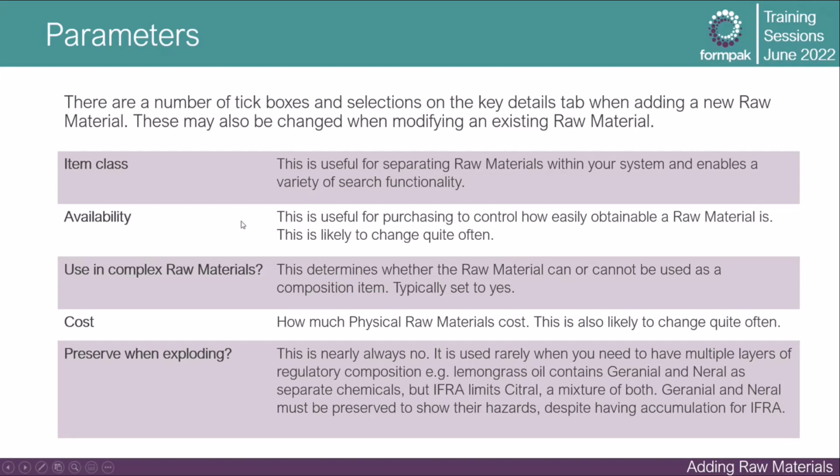Preserve when exploding is a fairly niche regulatory option. It's nearly always set to no. It's rarely used when you need to have multiple layers of regulatory composition. So for example, if you have a physical lemongrass oil that contains regulatory geraniol and nerol, the regulatory geraniol and nerol are treated as separate chemicals, but the IFRA limits for citral need to apply to both.